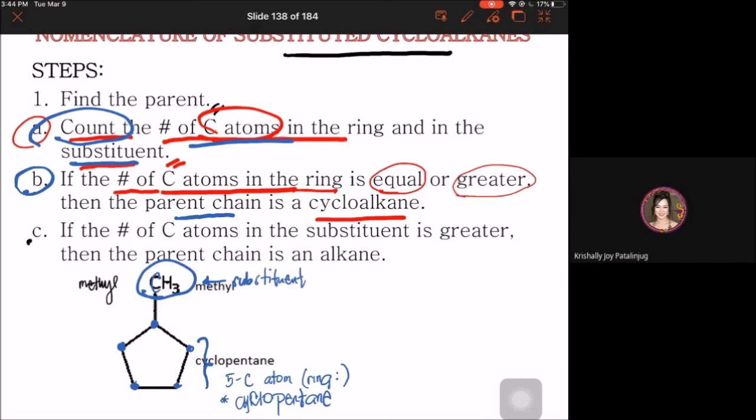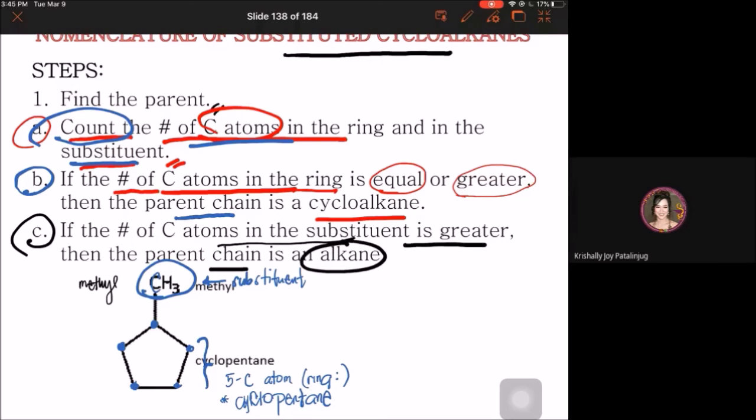Letter C. If the number of carbon atoms in the substituent is greater, then the parent chain is already an alkane.